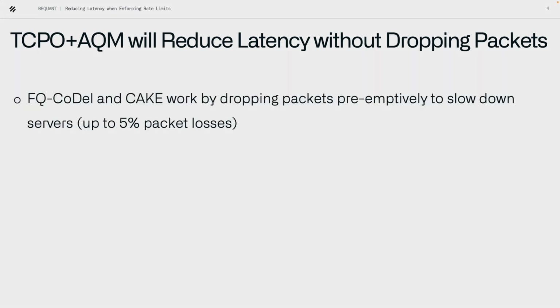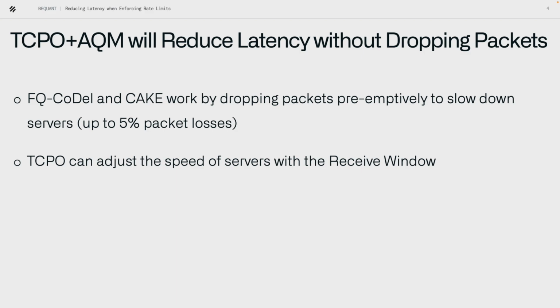In any case, these methods, FQ-CoDel and Cake, work by dropping packets preemptively to slow down servers so that you avoid latency by adapting the speed of those servers to the rate limit. But in doing these losses, you can end up dropping quite a lot of packets, which may not be so good in some situations like gaming or voice over IP or video in teleconferences.